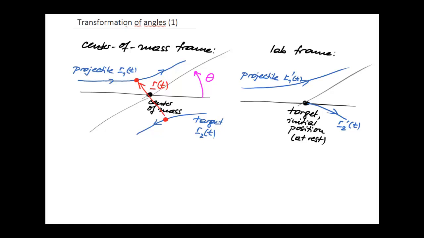If I consider the positions of the two bodies at a certain time t, then for the projectile, say I have the position here, and for the target, I have the position here. So r1 prime and r2 prime. And the difference between the two, the distance vector between the two, is again r of t.